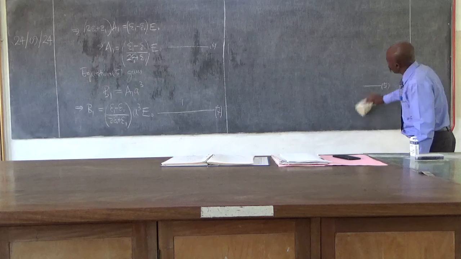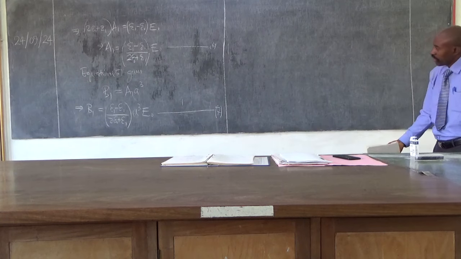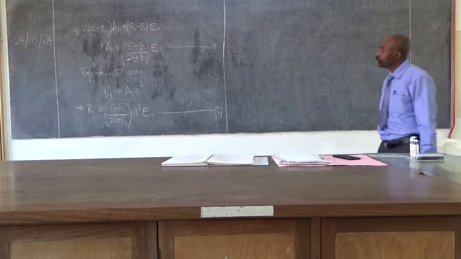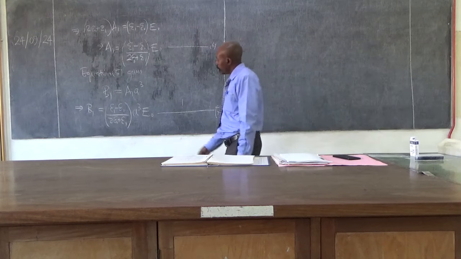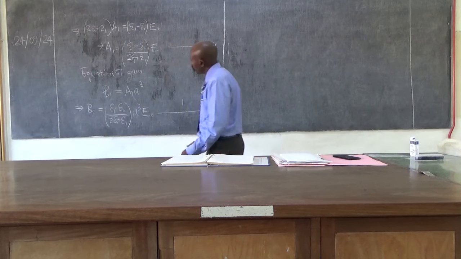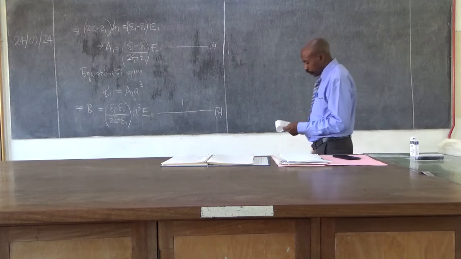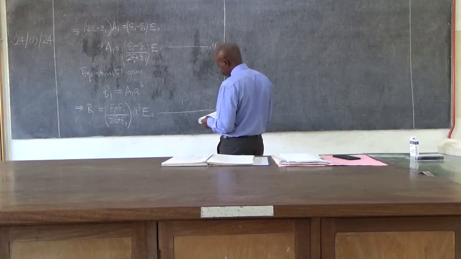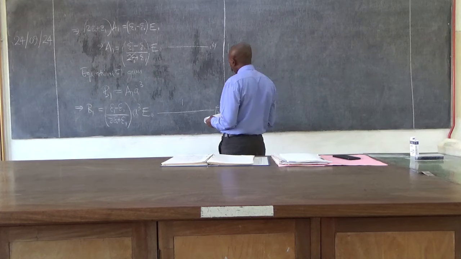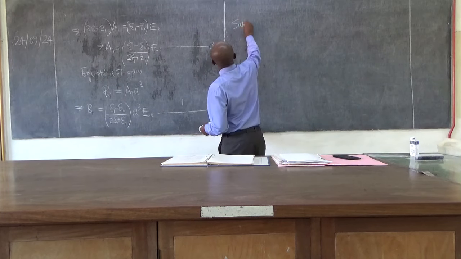So I got constants, not constant, but now I got A and B. And for L equal to 1, I got A1 and B1. So substitute equation 1 into equation 4.